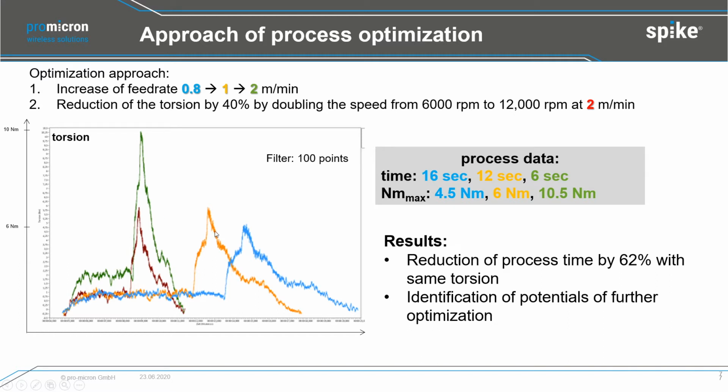And we are nearly on the same level like with a feed rate of 0.8 meter per minute. Sure, the process time can be reduced by this, and we can even identify more potential for further optimizations.